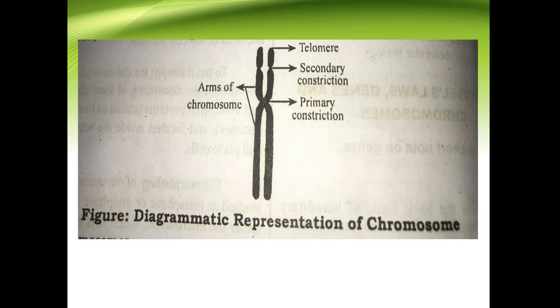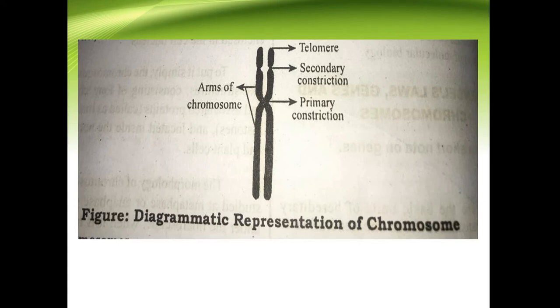So the chromosome has arms. Two arms are present. We can call them the P arm and the Q arm.